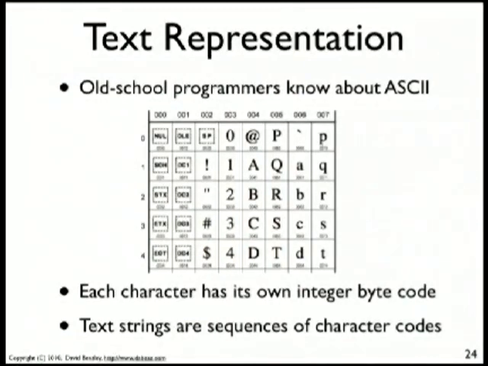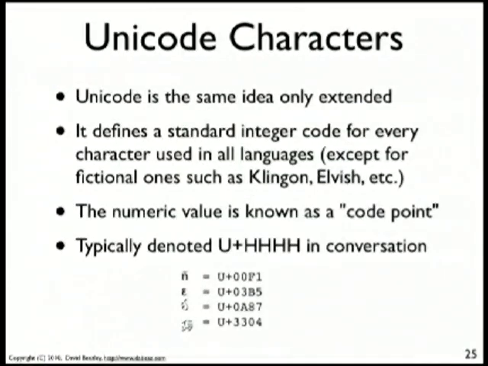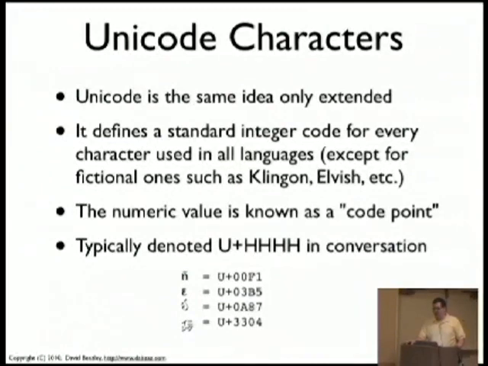Okay, so you're familiar with that already. At a very superficial level, Unicode is just that same idea. The main difference is that there's a huge number of codes. So at a very high level, Unicode assigns an integer code to every single character used in all languages.